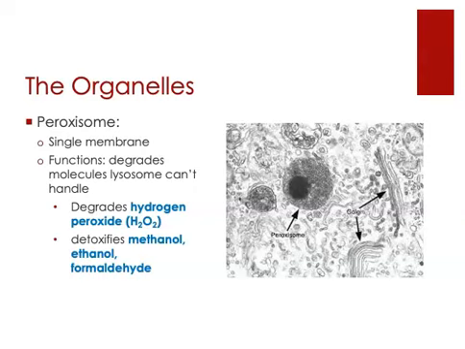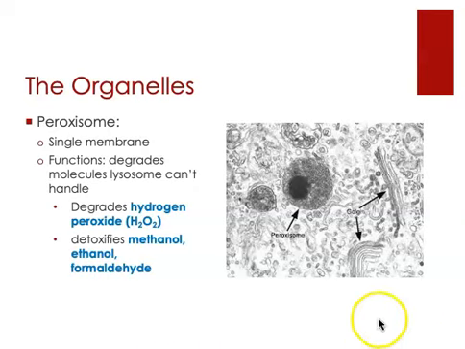And those molecules are dealt with in the peroxisome. You can imagine that something like a liver cell in a human or another animal is loaded with peroxisomes, because the liver is one of the organs in the body that does a lot of the job of breaking down molecules.